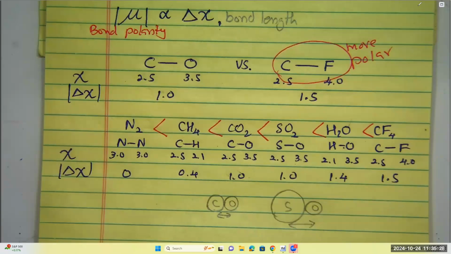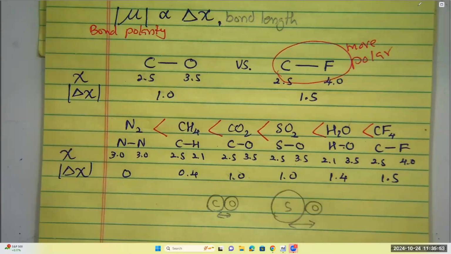Okay. So remember, in this case, it's essential that you read the question. The question is asking about the bond polarity. So we do not overcomplicate things by thinking about the molecular polarity. I know some of you were thinking, CF4 has 4 bonds now, so what do I do? Multiply them, add them, subtract them?